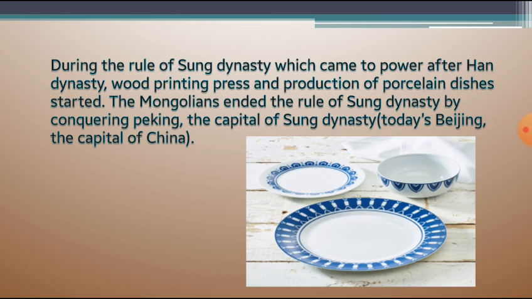The Mongolians look like Chinese, and these people have very small eyes, and their eyebrows are very light and far from the eyelids. These people are called Mongolians. But now the capital of the Song dynasty is Beijing, the capital of China.